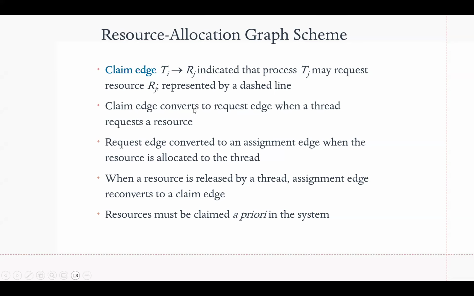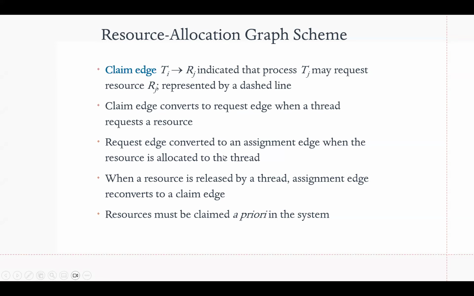This claim edge converts to a request edge when a thread actually requests a resource. Then a request edge gets converted to an assignment edge when a resource is allocated to the thread.